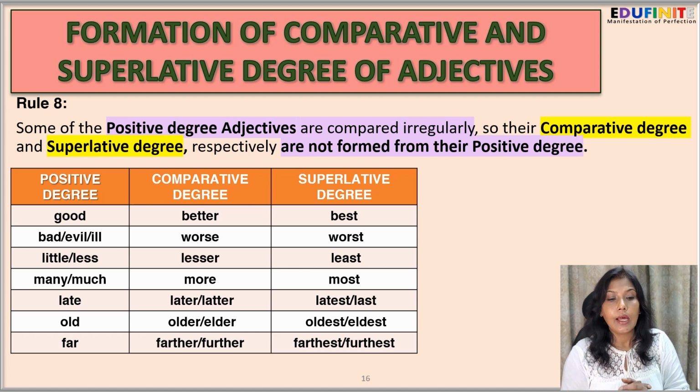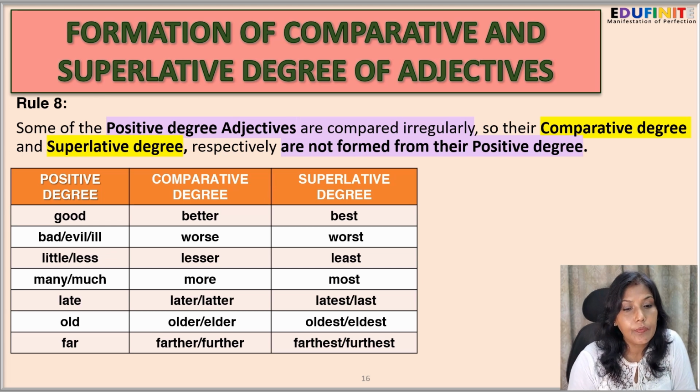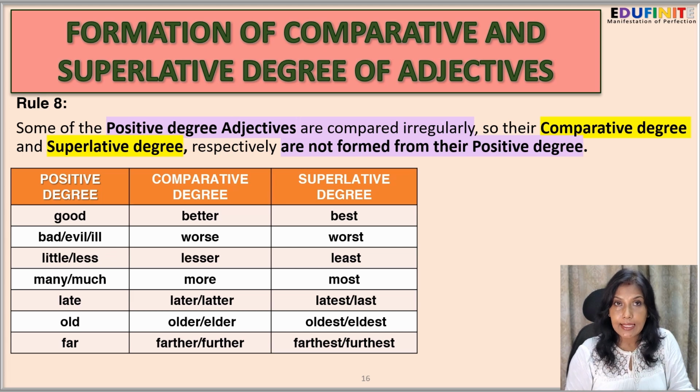So we see that good has no connection with better or best. All are different. Next, bad, evil, or ill. These three positive degree adjectives have their comparative as worse and superlative as worst. So again we see that each of these have no connection with one another.